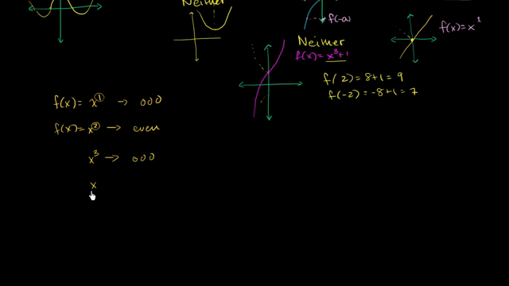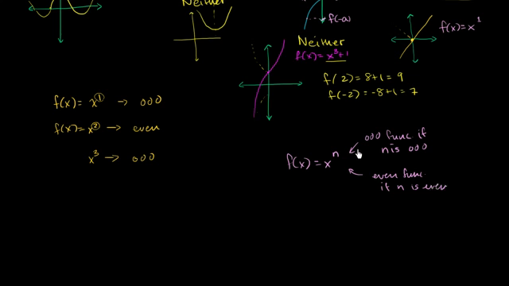I could keep going. In general, if you have f of x is equal to x to the n, then this is an odd function if n is an odd number, and this is an even function if n is even.